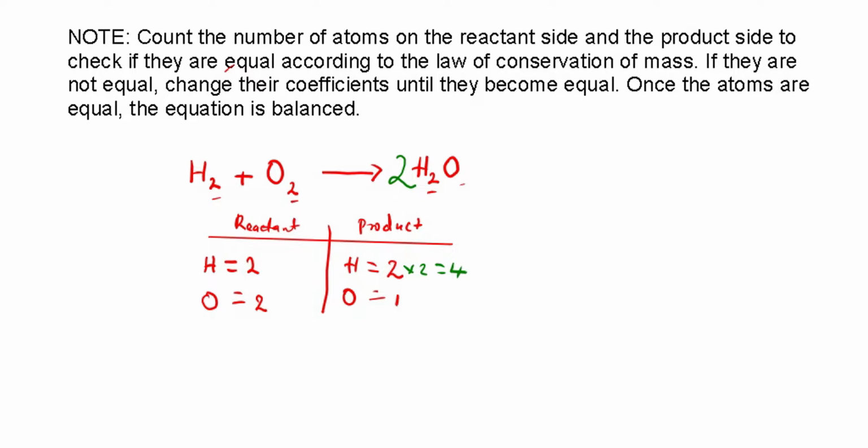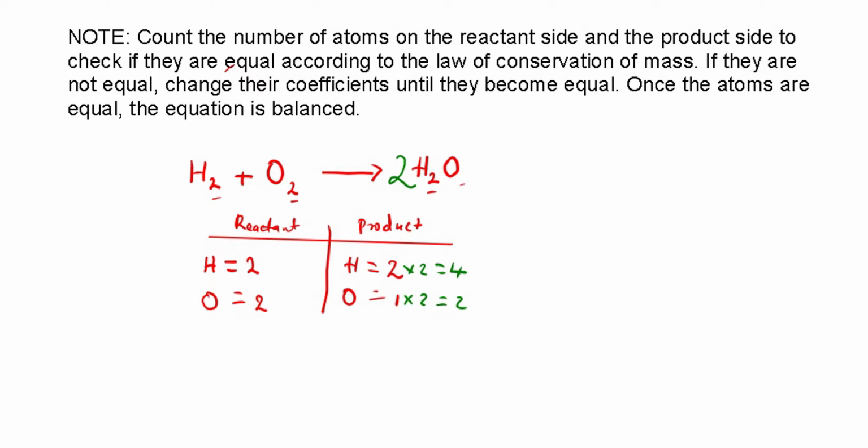Oxygen in the product side, 2 times 1 is 2. So oxygen is balanced in both the product side and the reactant side.